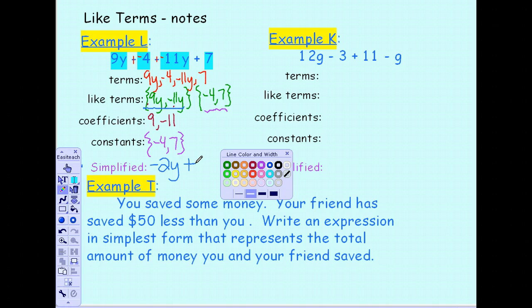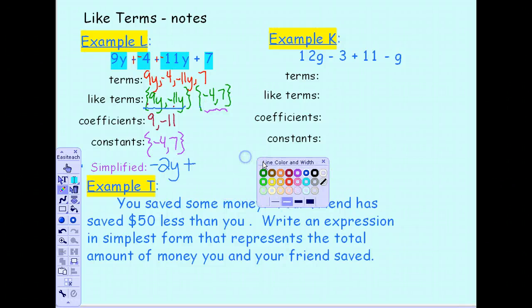In this case we have two groups, so we're going to have one plus sign in between those. And now we need to put the rest of those together. So we're putting together our constants. In our constant group we had negative 4 and 7. When we add those together we get a positive 3. So our simplified expression is negative 2y plus 3.